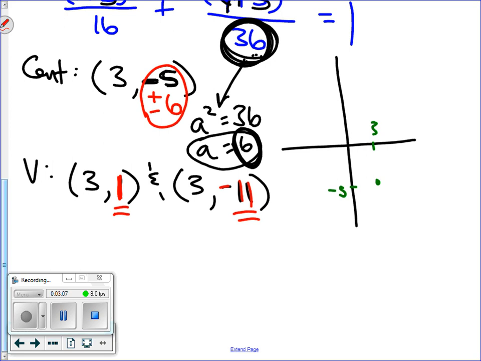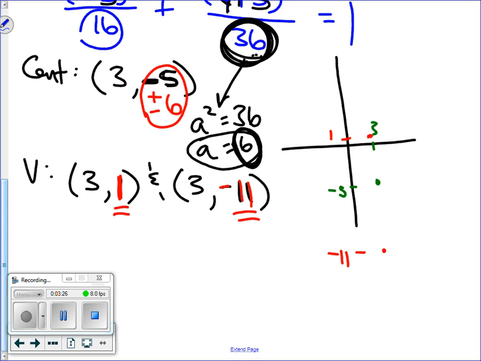So I'm moving 6 units up to get to 3, 1. We'll put that right there. 3, -11, we'll put down here. So this is at -11. This is at +1.